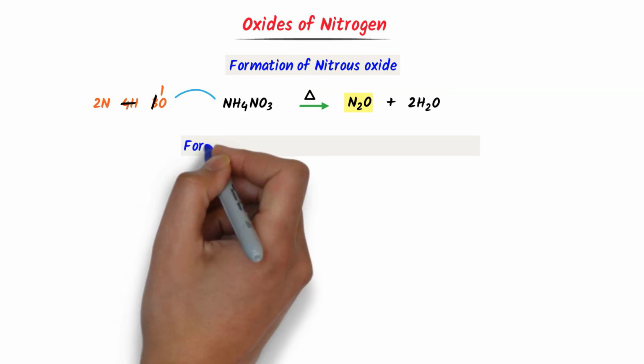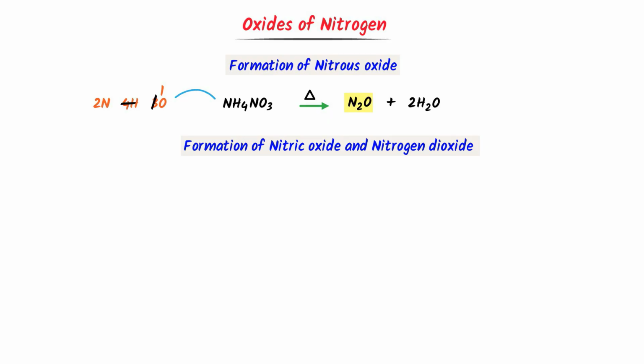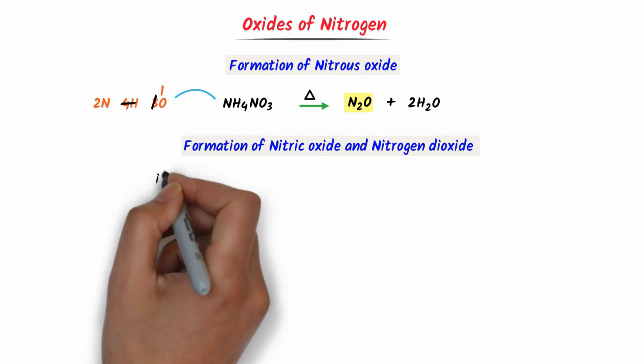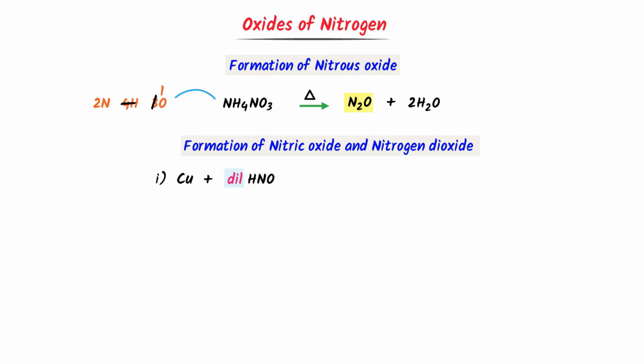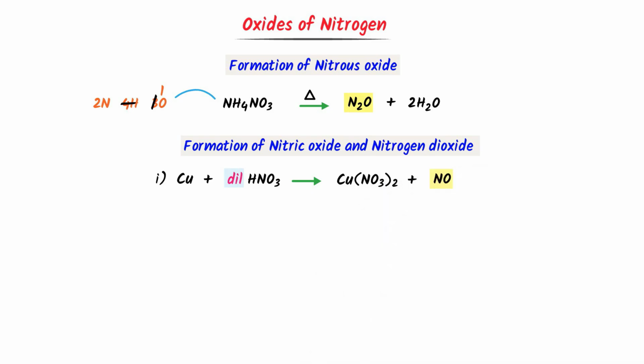The second reaction is formation of nitric oxide and nitrogen dioxide. Remember that nitric oxide is also known as nitrogen monoxide. Now we take copper plus dilute HNO3. As a result, we get copper nitrate plus nitric oxide plus H2O.